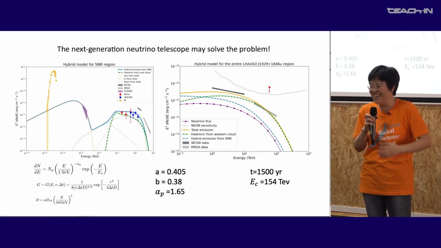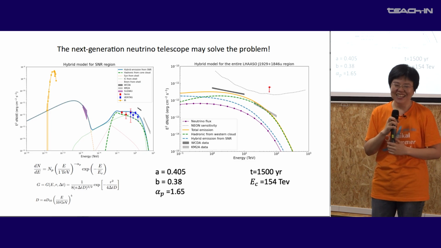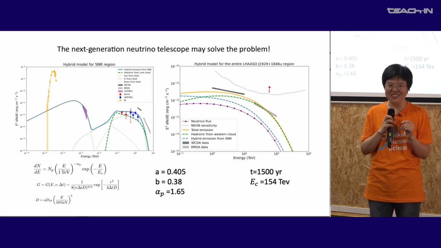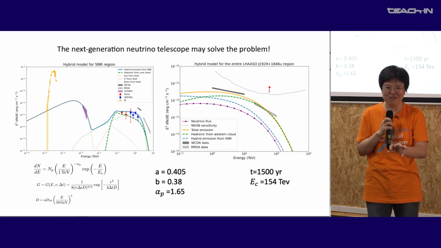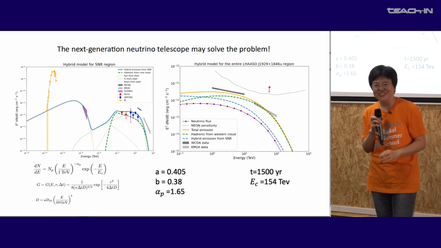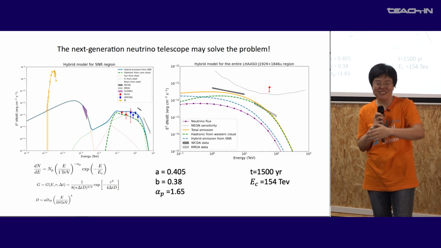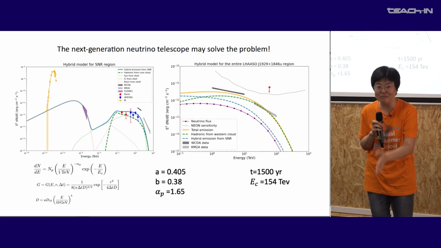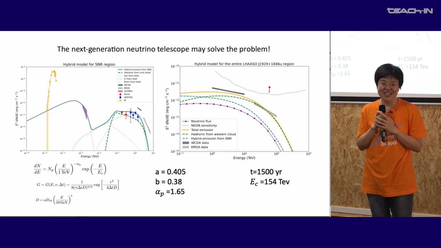Wow, we are so lucky. Are they the same type of sources or two different types of sources? Well, if they are the same type of source, let's say two supernova explosions at the same time in the same direction.